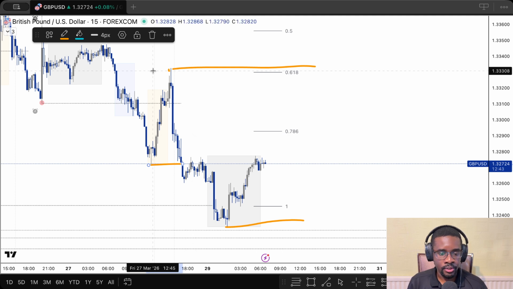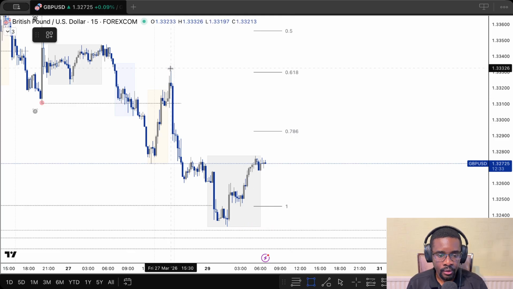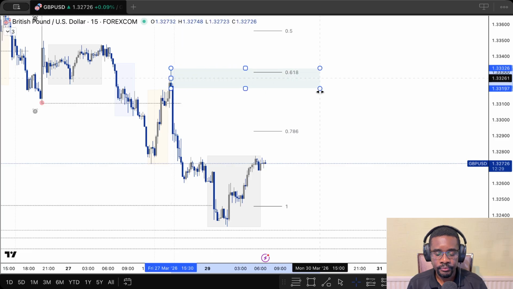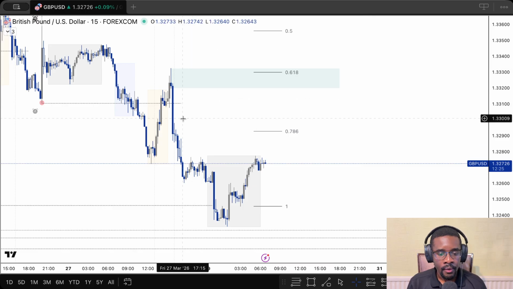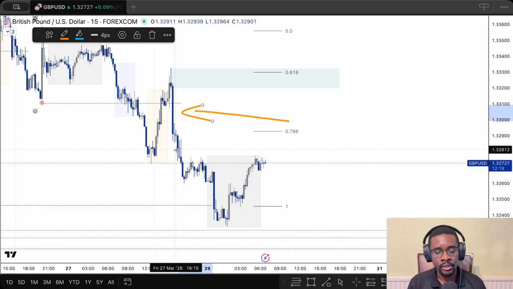So expectation is price to come back to these areas up there. So this is my extreme. We do have a very large imbalance right there.